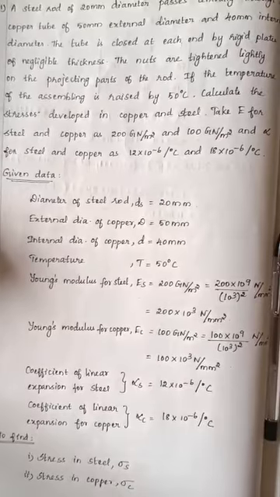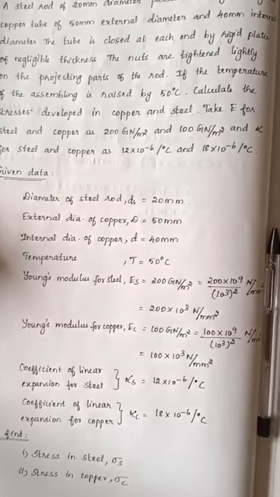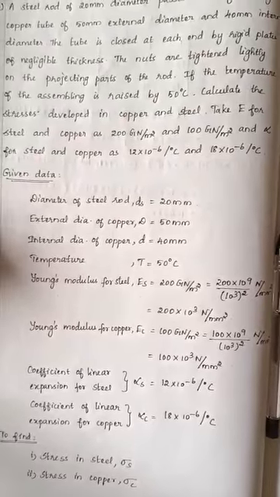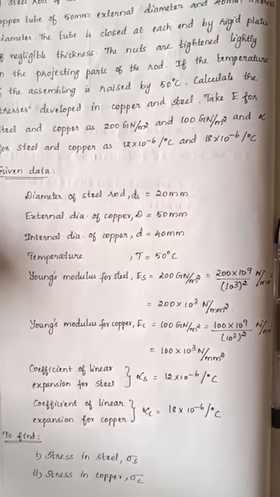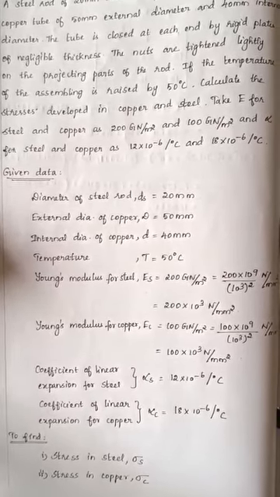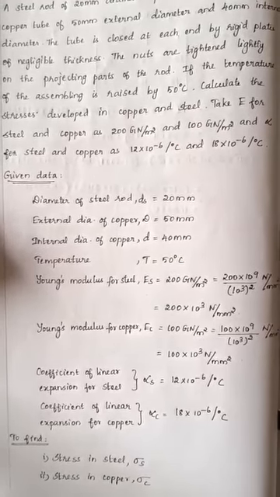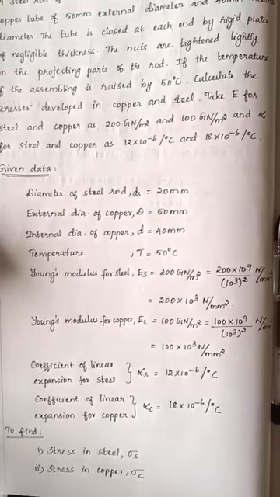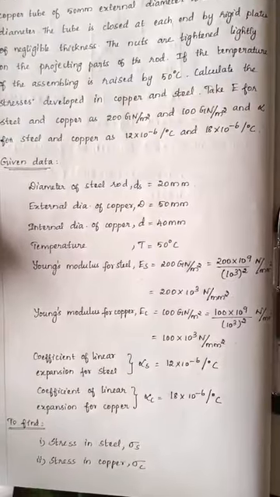Then to convert meter to millimeter, we know that 1 meter equals 1000 millimeter. Here in the denominator we have meter square. Therefore, 10 power 3 the whole square, which means 1000 the whole square. After cancelling, we get the value for Es as 200 into 10 power 3.